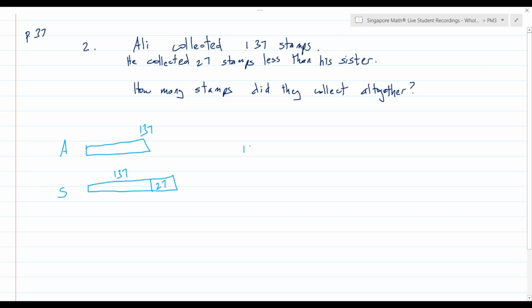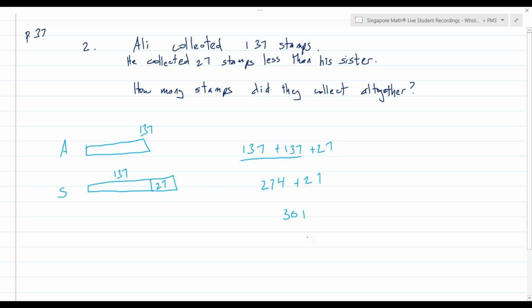What we have here is 137 and 137 and 27, and we're going to add those however we want to add them. We could certainly just go straight across and think about hundreds, tens, and ones. Sometimes it's easier to add 2 numbers together at once. 137 and 137 is 274. Add 27 is going to be 301.